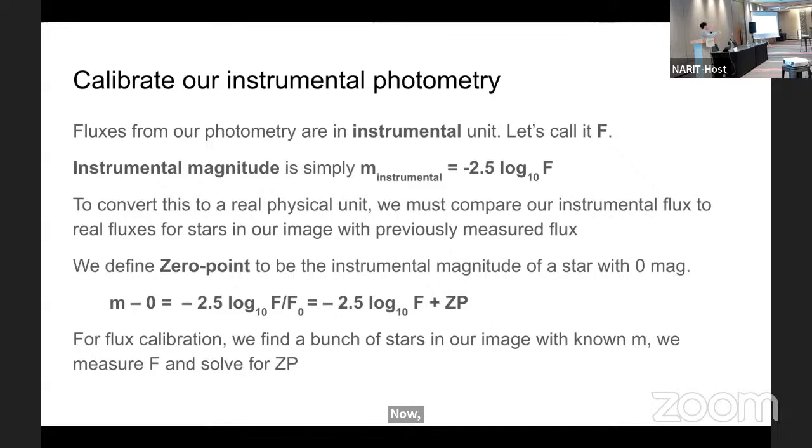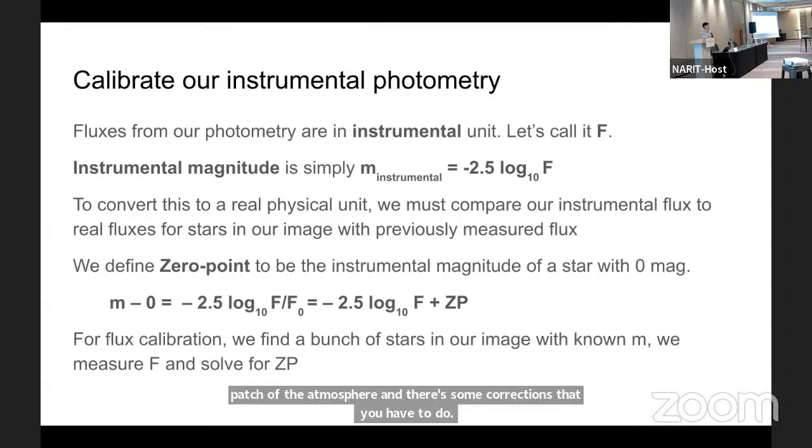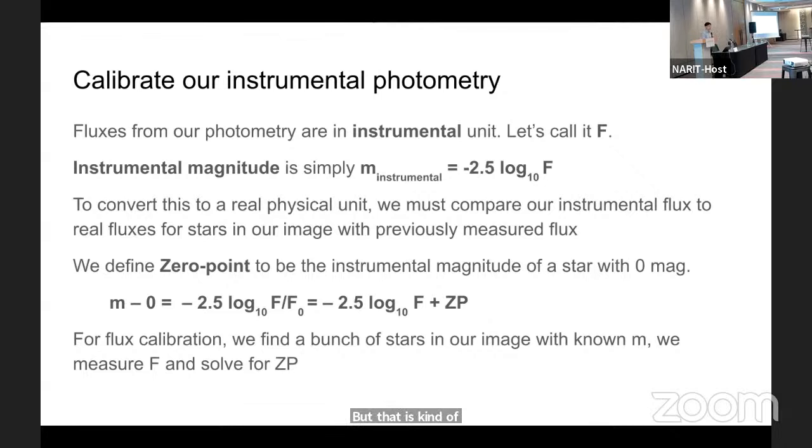And you have to point your telescope at those stars and obtain observations. In those cases, the calibration is a little bit more complicated because you're not looking at the same part of the sky. You're looking through a different patch of the atmosphere, and there are some corrections that you have to do. But that is the so-called primary calibration way.